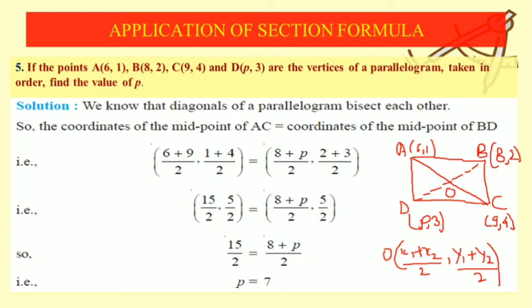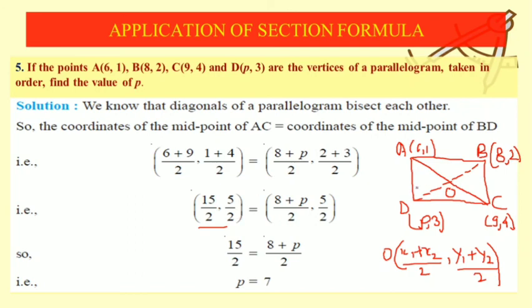So we can see here the x coordinate sum will be 6 plus 9 divided by 2, and sum of y coordinates will be 1 plus 4 divided by 2. So if we have to find the coordinates for this O using midpoint section formula for AC, it will come 15 upon 2, 6 plus 9 is 15, and denominator is 2, 15 upon 2, and then 1 plus 4 is 5 upon 2. So coordinate for O in terms of AC we have obtained this.